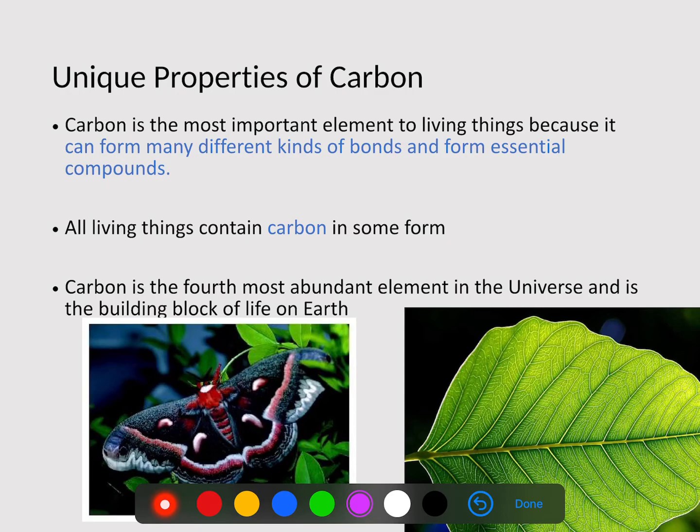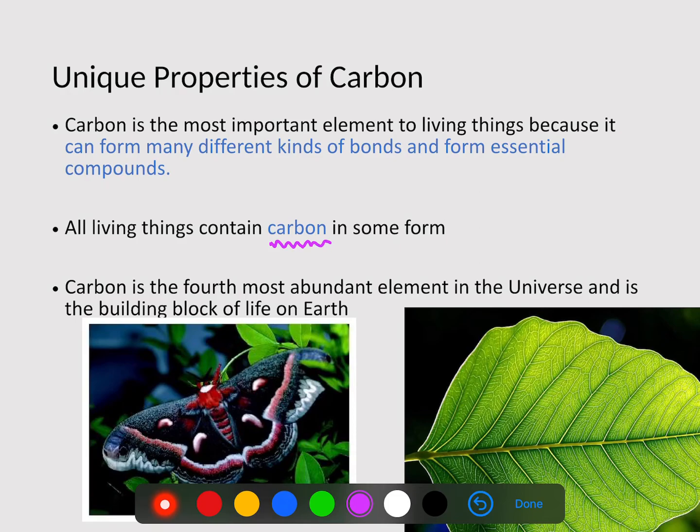So carbon is the most important element to living things because it can form many different kinds of bonds and more essential compounds. All living things contain carbon. That's why carbon-containing molecules are called organic. So carbon is the fourth most abundant element in the universe and is the building blocks of all life.